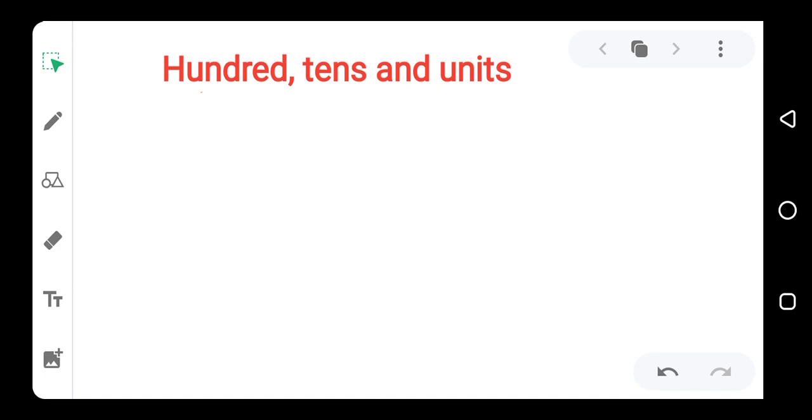If we have 1, that is a unit because there is only one thing there, only 1 digit. We call it digits. 2 should be under units because it has only 1 digit. 3 should be under units because it has only 1 digit.